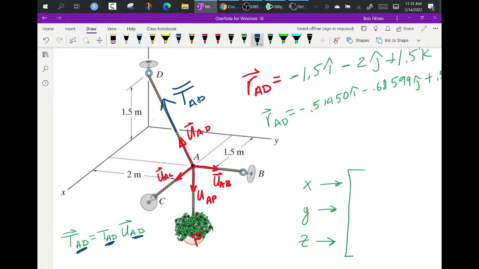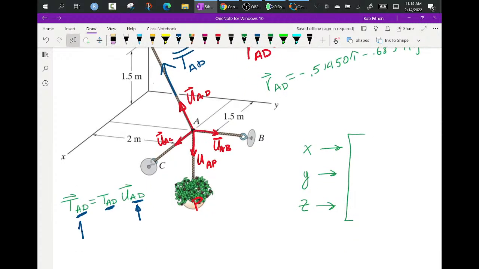Now, if that's the case, and I do it this way, this and this always go together. So just like this, tension AB is going to be the value of the tension in cable AB times the unit vector AB. So again, all these match each other.